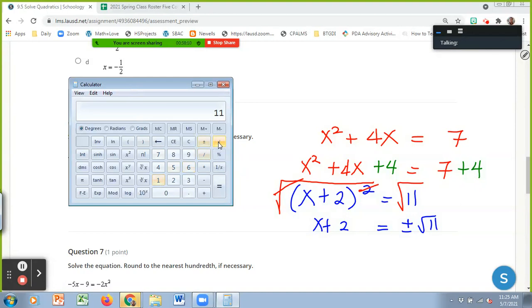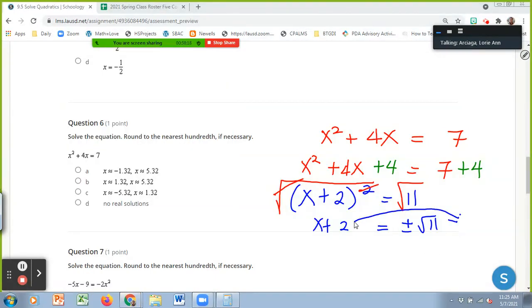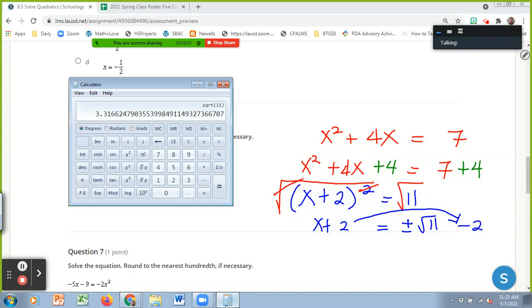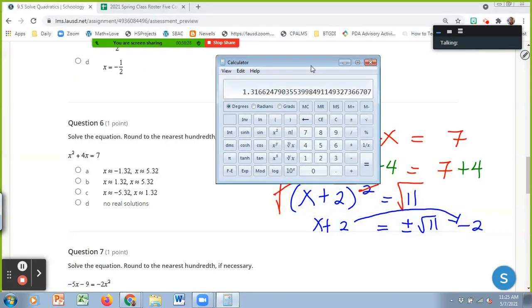And then you have to move these 2 over, right? So you have to take away 2. Minus 2. What's the answer? 1.3. Positive. But there's 2 solutions, so we have to get the other one.